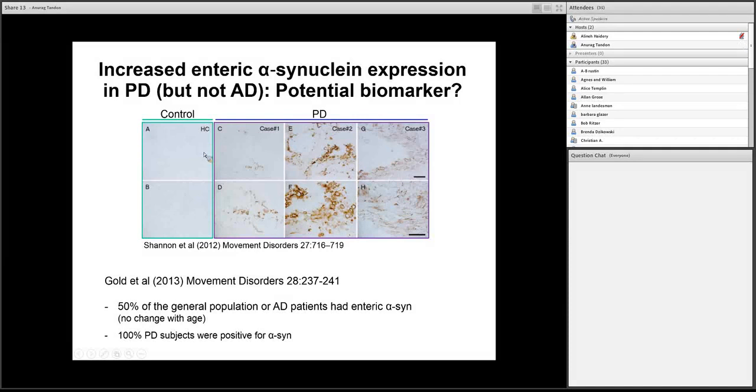In other words, do the 50% of the general population that show Parkinson's disease-like pathology really going to be developing PD, or is there something that we are missing, something different about the general population, that although they do have some sort of alpha-synuclein staining, it may be different from the PD population. Nevertheless, this is something that I think is going to be really heavily pursued in the next few years.